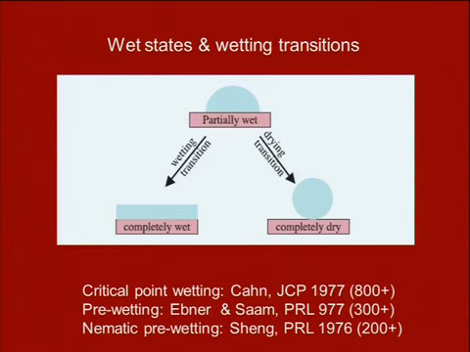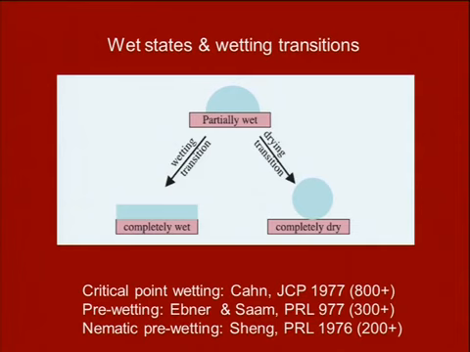Even though I was a bit surprised, I didn't think the liquid crystal paper had received so much interest, but it compares pretty well with the fancy density functional theory of Ebner and Saam, which was really the state-of-the-art microscopic theory at the time for inhomogeneous fluids.